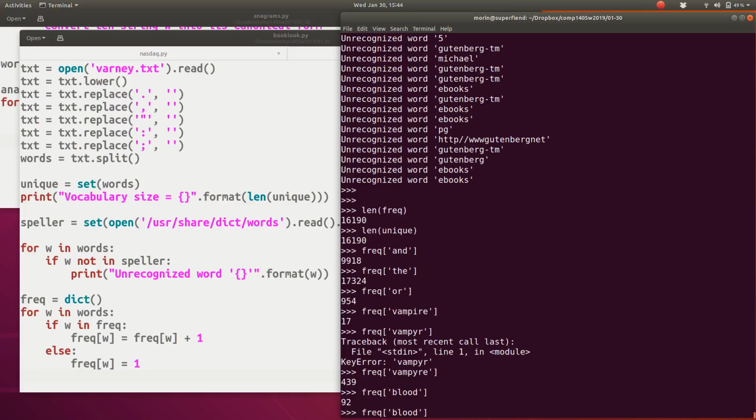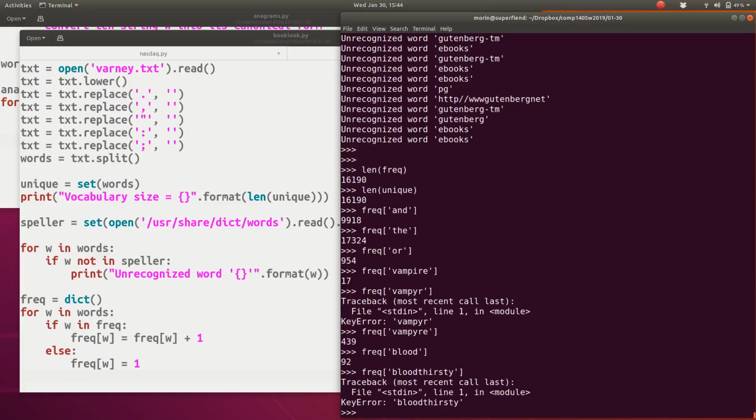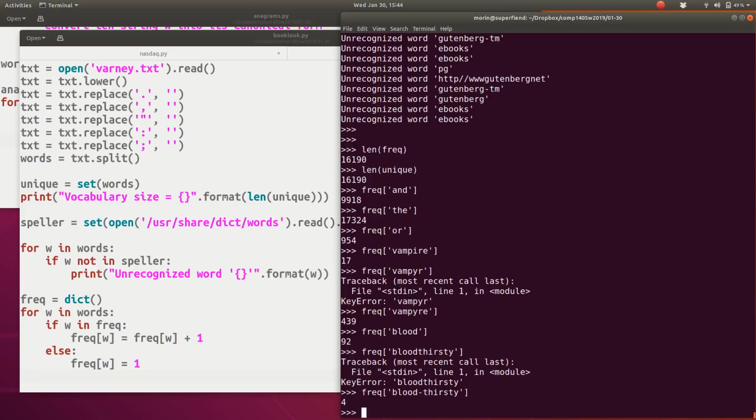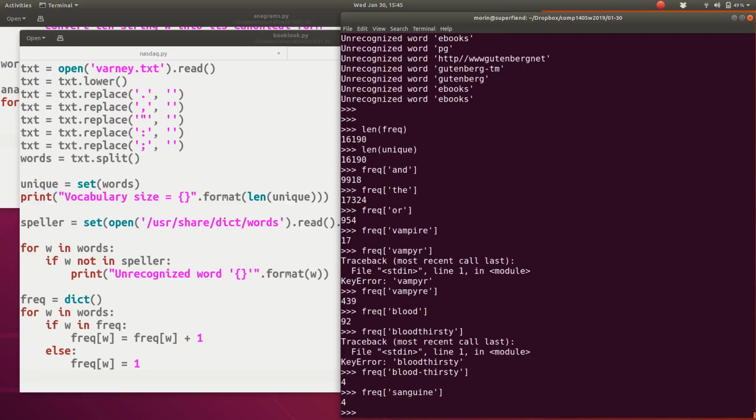There's one that we saw just in our random sampling. I thought we saw bloodthirsty. Oh, like so. 4 times. Bloodthirsty. Okay. What about sanguine? I think you're maybe overestimating the vocabulary of this particular author. 4 times, as often as bloodthirsty.